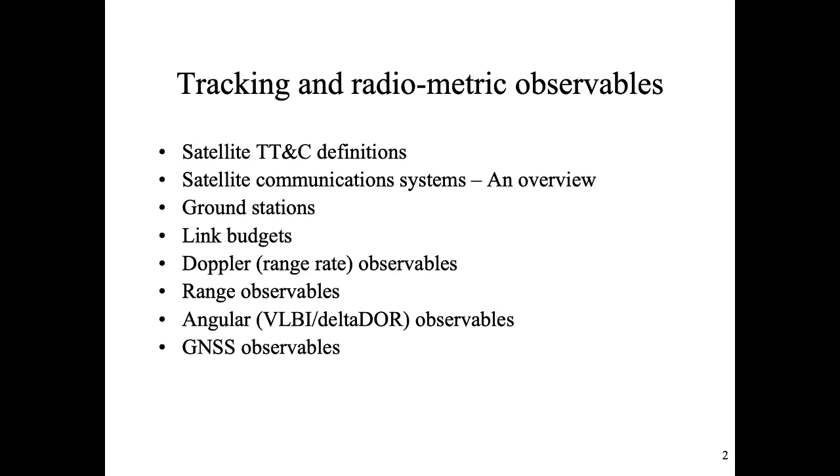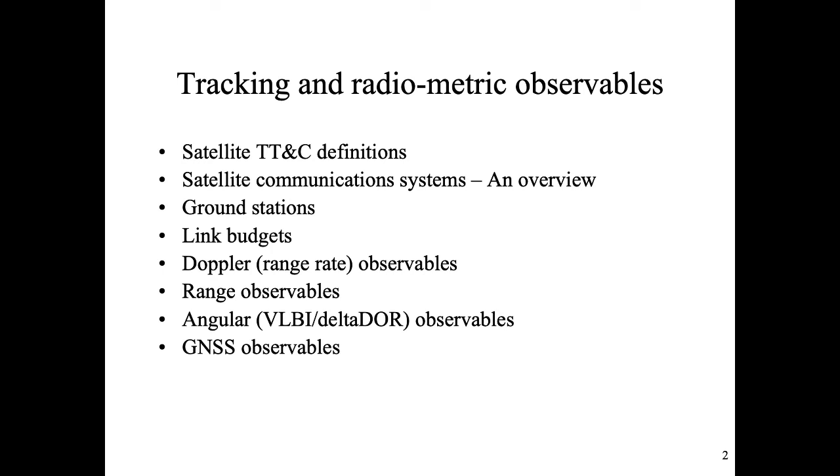We will talk a bit about link budgets, and then we will delve into the Doppler range and angular observables and explain how these measurements are obtained from a ground station or on board.